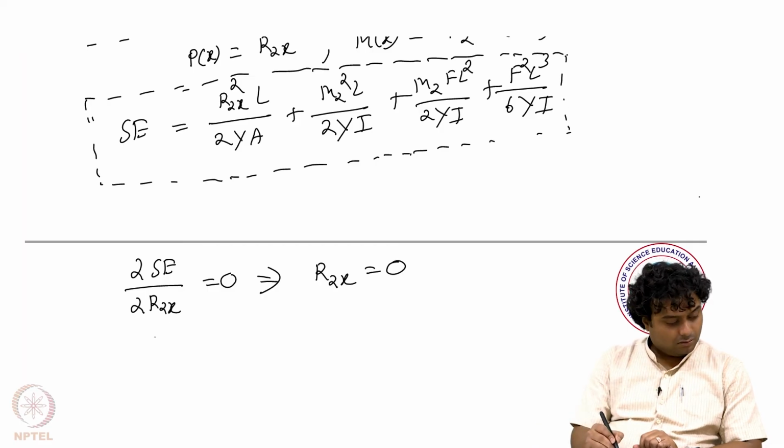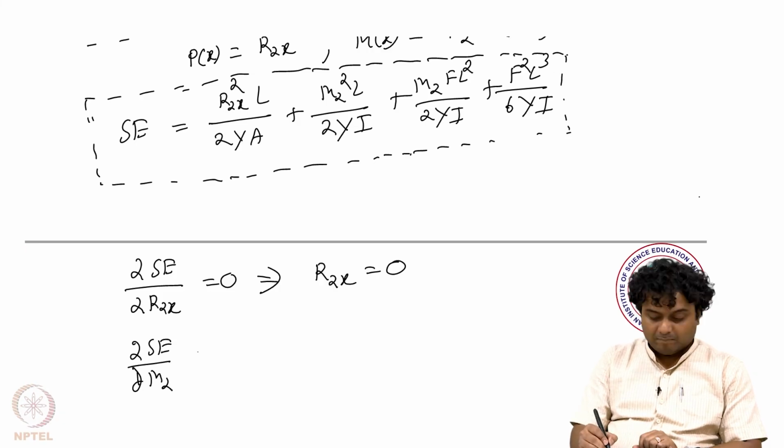Now delta SE divided by delta M2 equals 0.